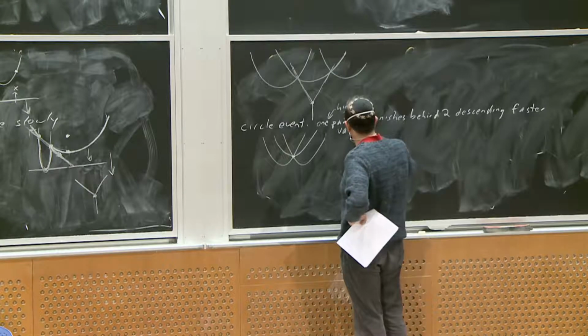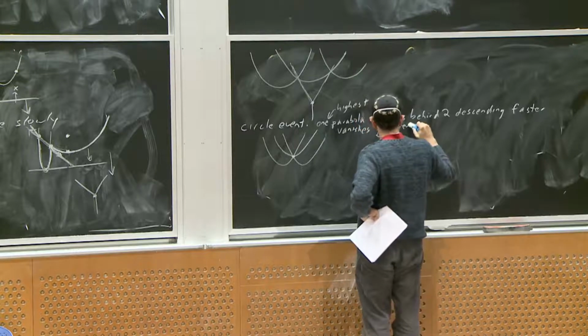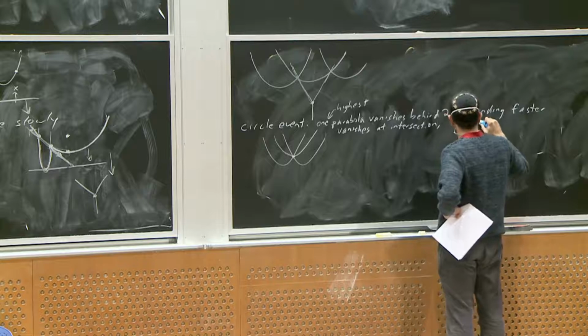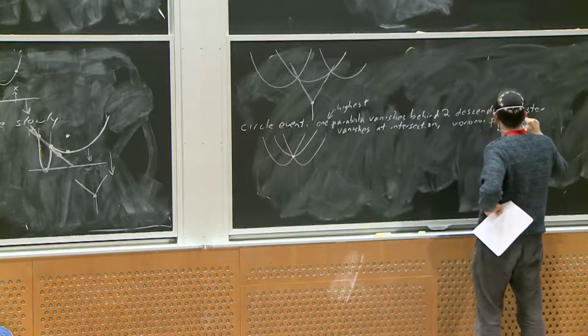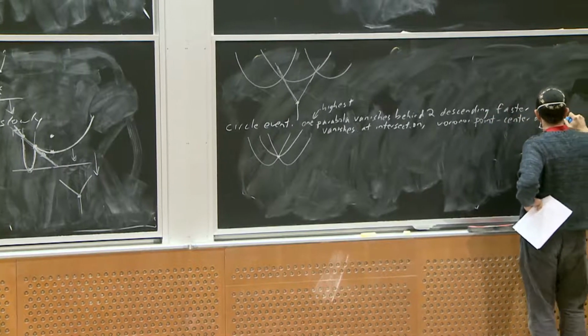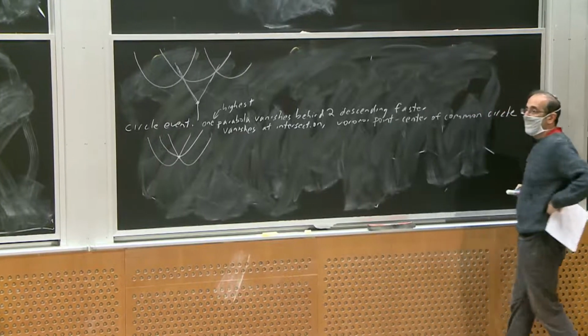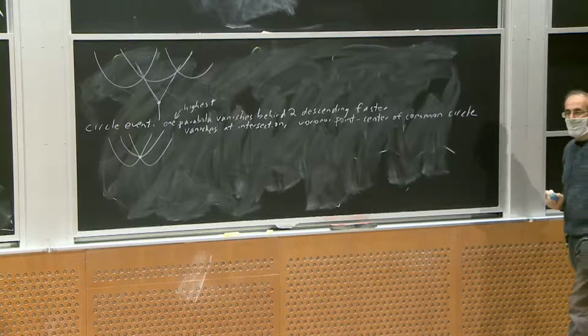It vanishes at the intersection, which is a Voronoi point, which is, of course, the center of the common circle. So that's why it's called a circle event: you've just found the center of one of these circles that is important for the Voronoi diagram.